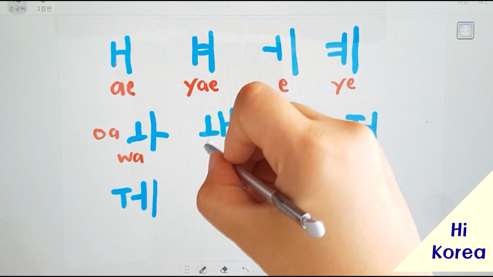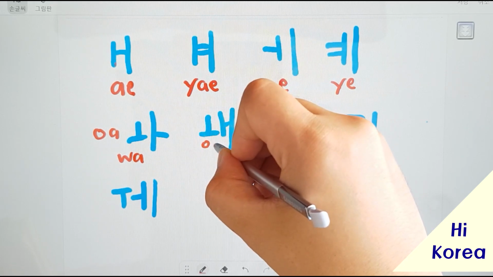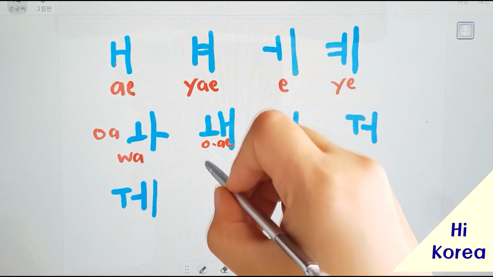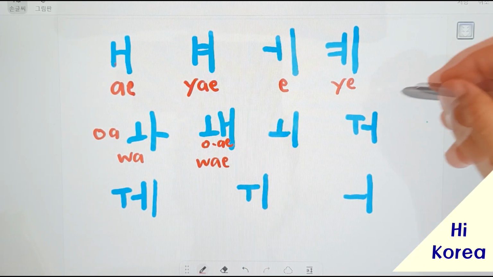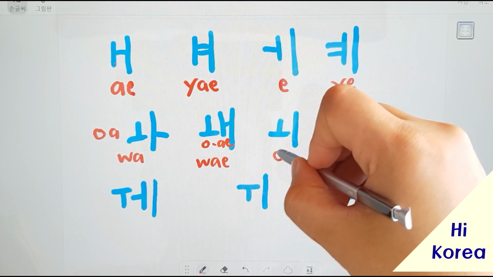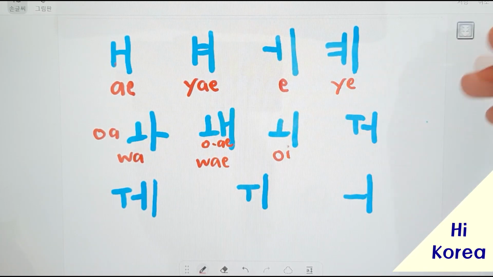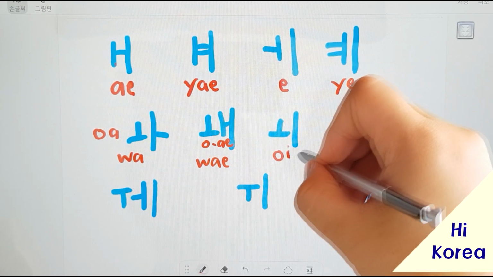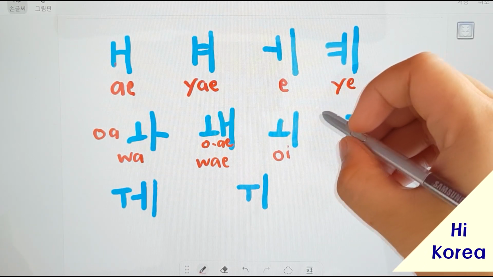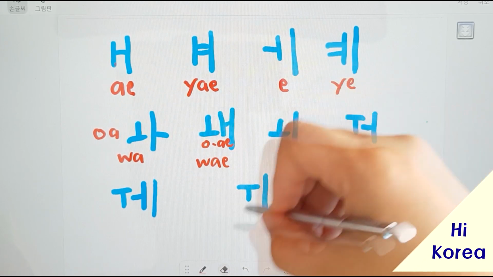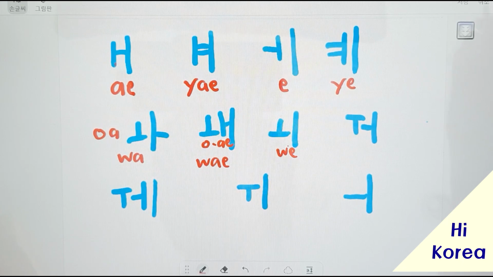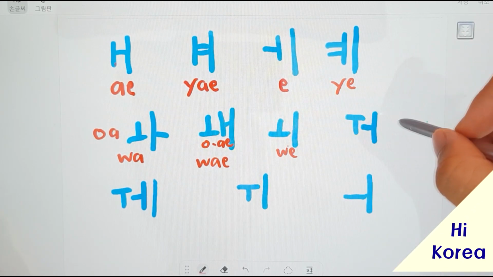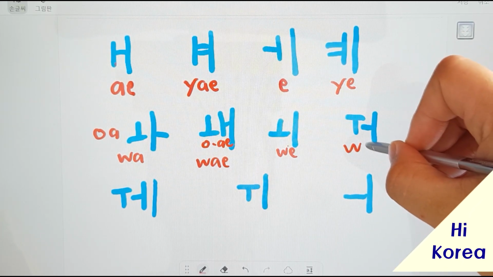U and e, when you read it faster it will become we, we. And this is u and e. When you read it faster it will become we. And here wo, wo.